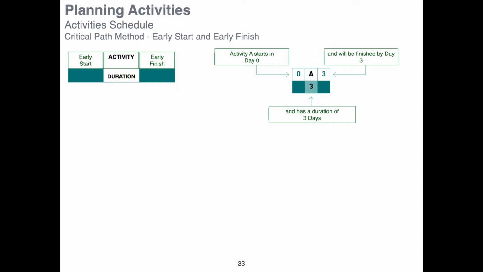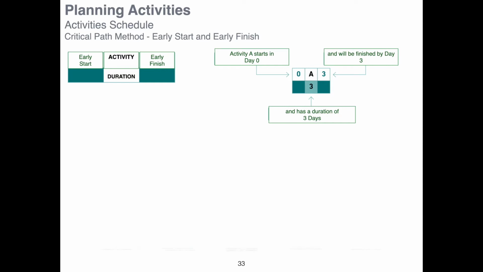Then the duration of the activity: we know from the previous exercise that activity A will have a duration of 3 days, so the early finish date of activity A is day 3. It will start on day 0 of the project, will have a duration of 3 days, and will be completed by day 3. This is the early finish date.